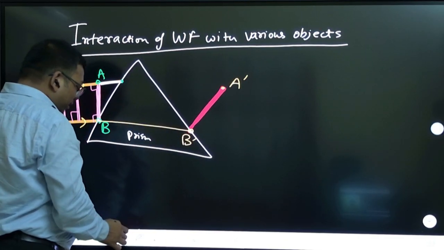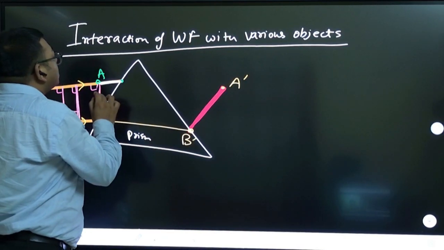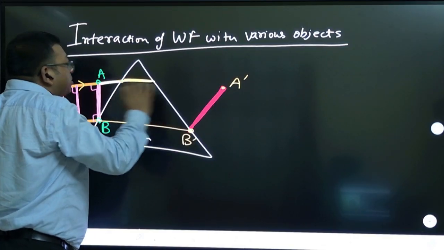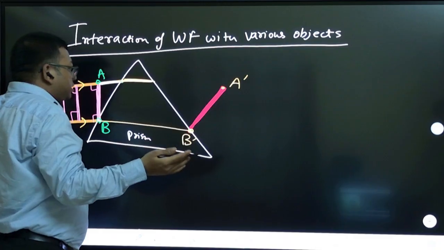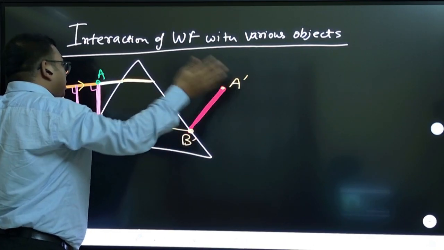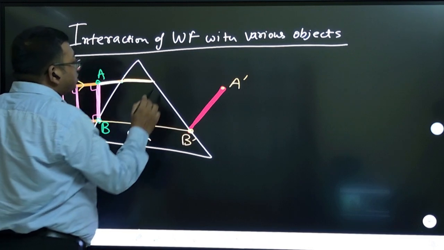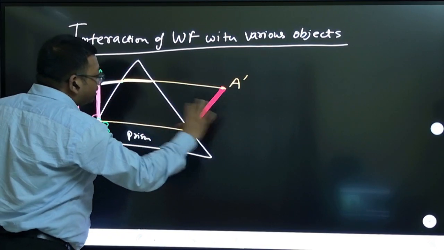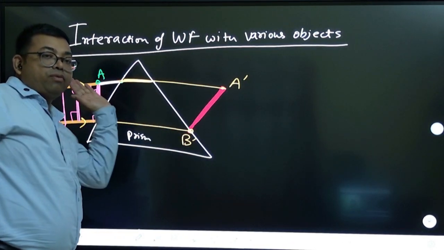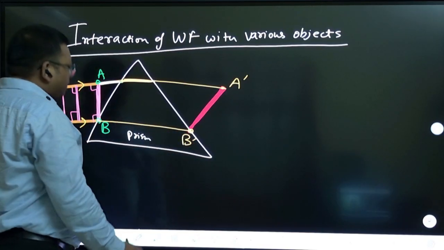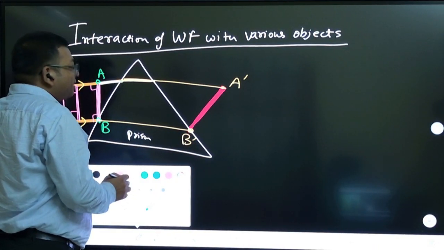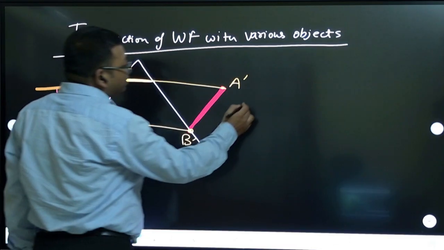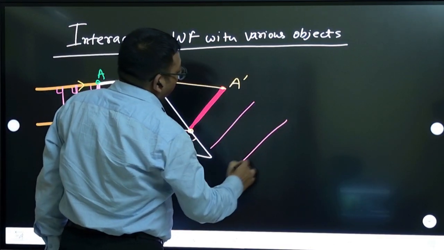It is traveling less distance in the prism, and more distance in air, so it covers more distance in the same time. So by the time the wavefront comes here, it becomes inclined. You see, the wavefront has turned like this. So that is what is happening here. The wavefront is turning like this, and it will be going like this now.